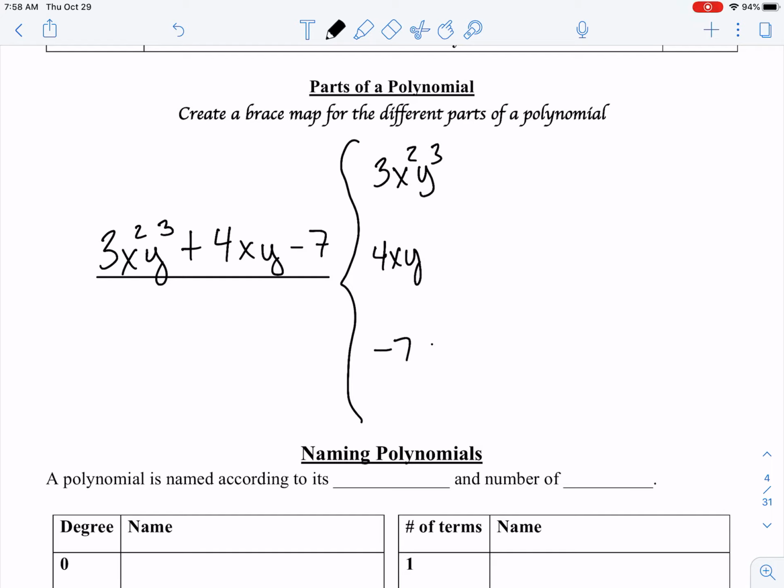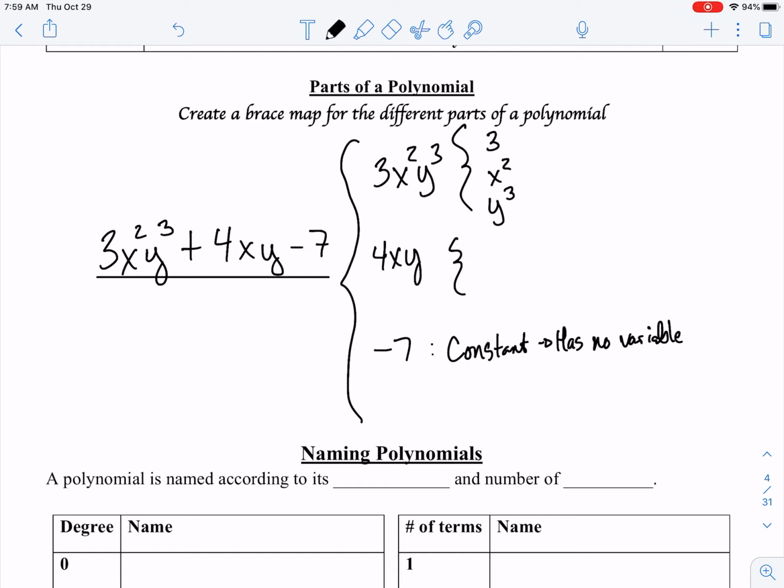The easiest one of these to identify is minus 7, and this is your constant term. Okay, your constant term has no variable. And then after that, you could separate each additional term if you wanted to.